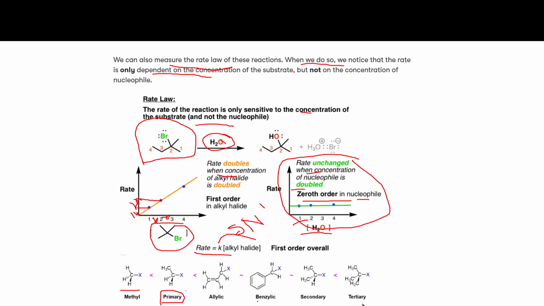And benzylic is more reactive because the carbocation is stabilized by resonance. So the benzylic one is stable, and so are secondary and tertiary.